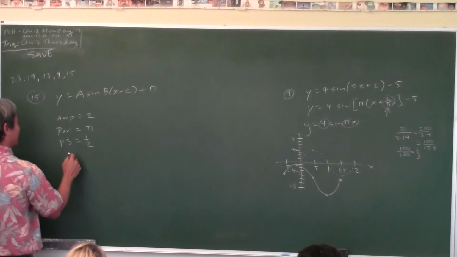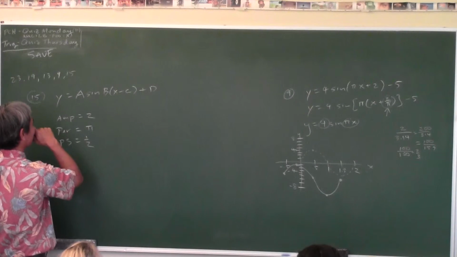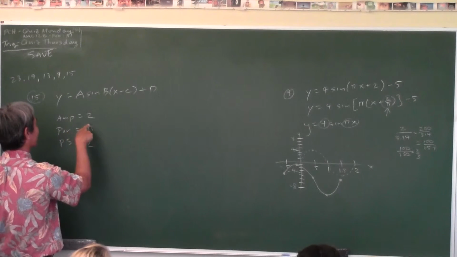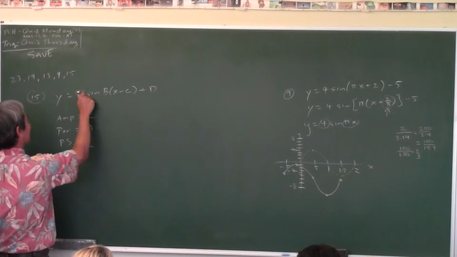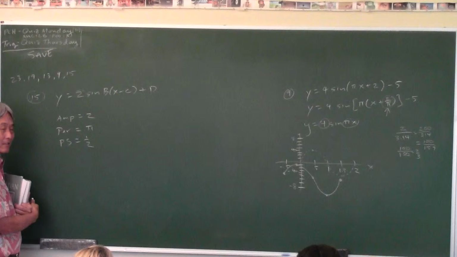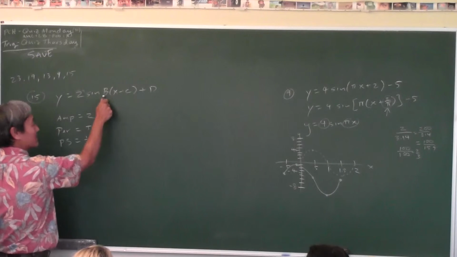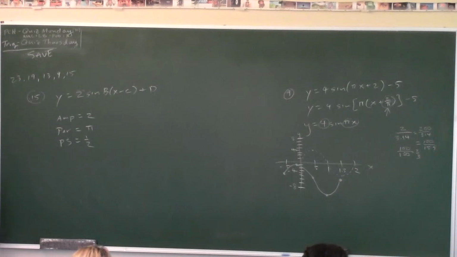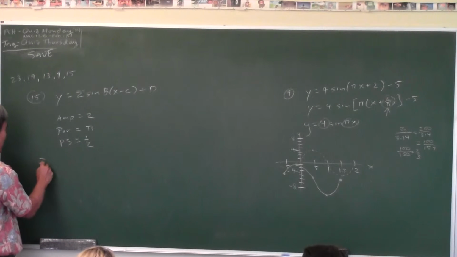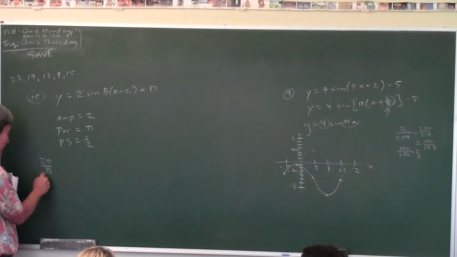Okay, here we go. If the amplitude is 2, which number does that affect? Yeah, so right away, you already know A is 2, right? Now, if the period is pi, that affects this B here, right? Now, remember what I told you to remember? What is the period of a sine or a cosine function? 2 pi over b.